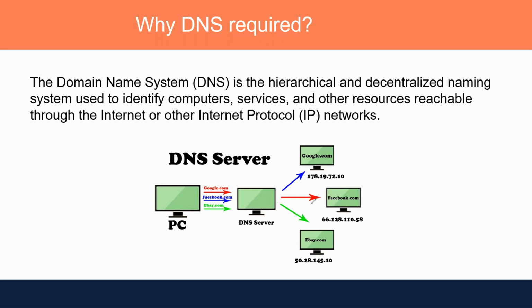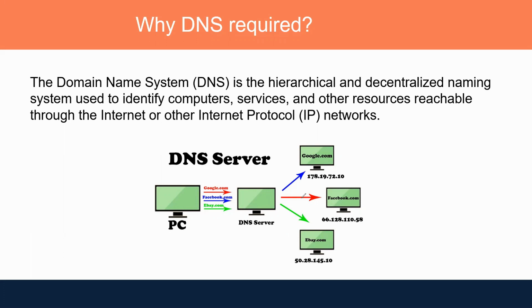A DNS maps names into IPs. Whenever you are browsing for any name, it would provide the IP, and you can access that particular system via IP. This is decentralized, which means the DNS server is not in any central location. It is distributed.